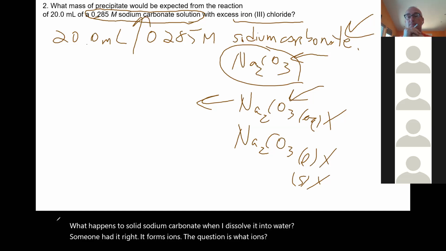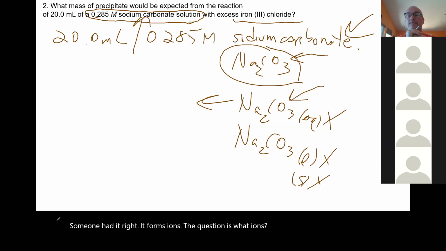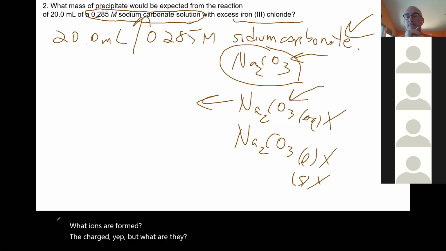They're charged, yep. But what are they? I have sodium metal ions, and I have carbonate ions. How do I represent that, writing them down?